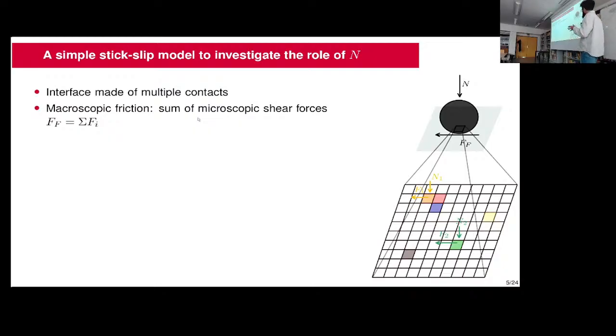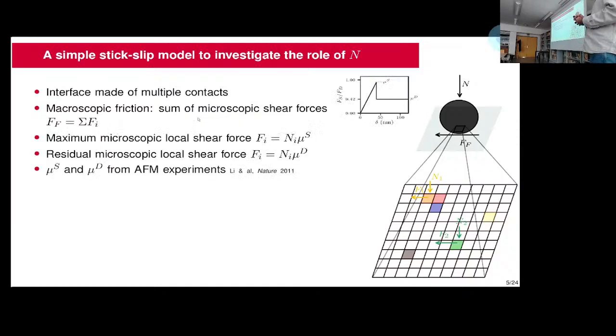Here we just divide the interface into some squares. Some are in contact, the ones in color, and they all sustain some normal load and contribute some friction strength to the macroscopic friction strength. And in our model, we just assume that the macroscopic strength of the ball on flat is just the sum of all the small contacts that we develop at the interface.